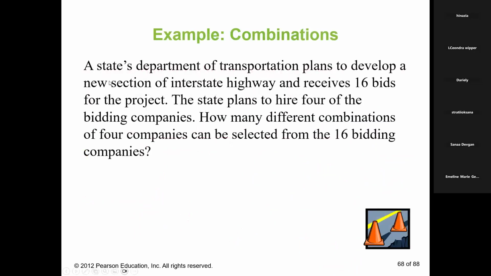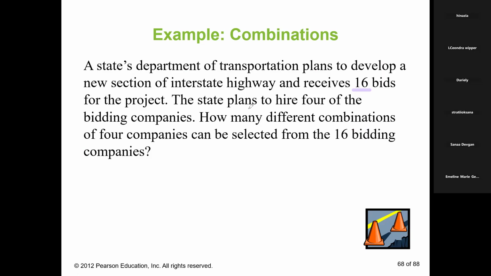Let's try here. So a state Department of Transportation plans to develop a new section of interstate highway and receives 16 bids for the project. So that's n.